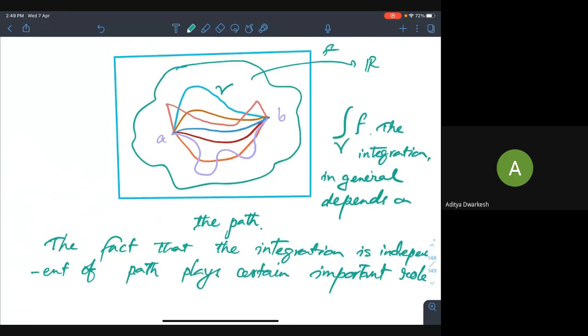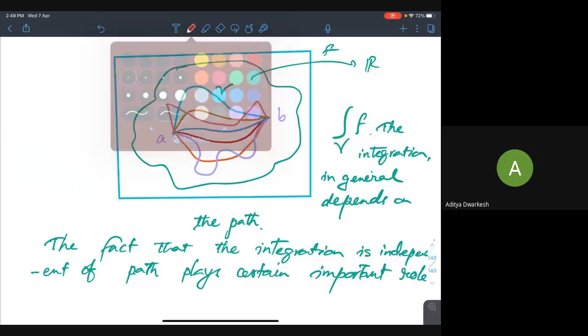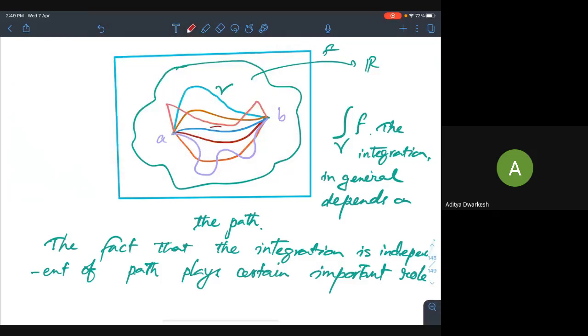Of course, this is a property of the domain. If there is, for example, a small hole inside here, then integration on this path would be different from integration on the path on this side.